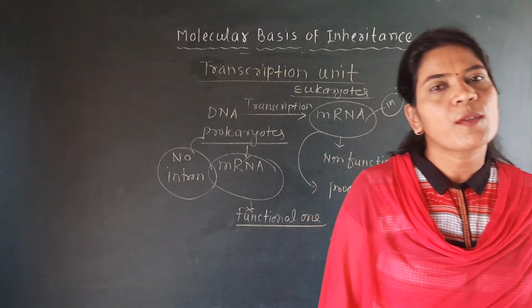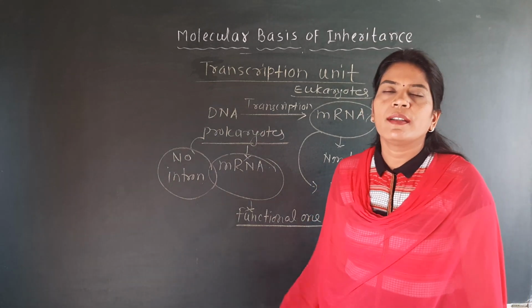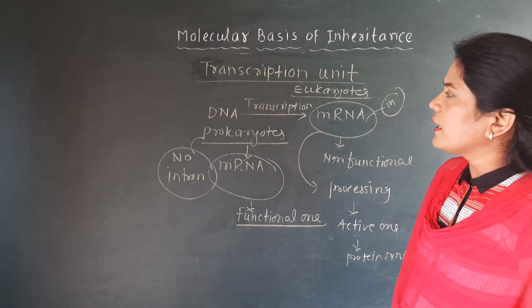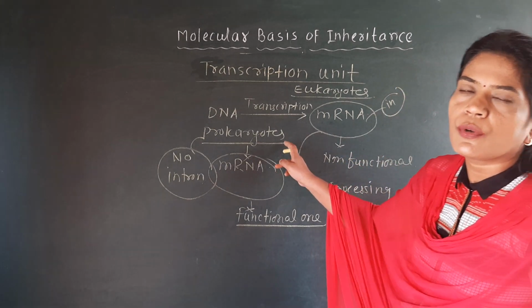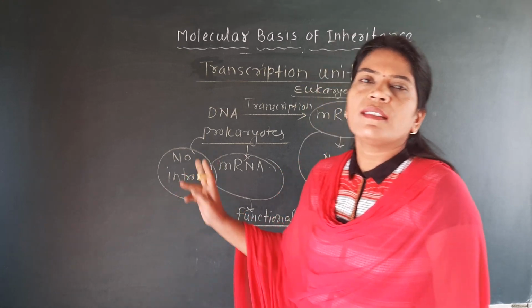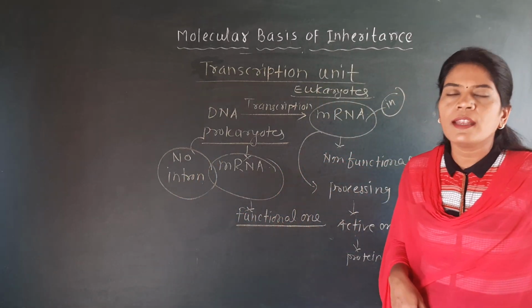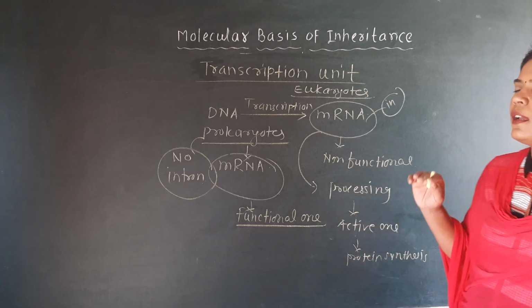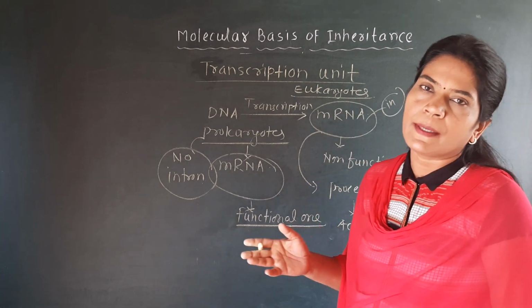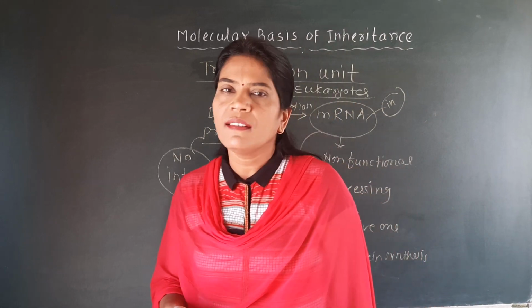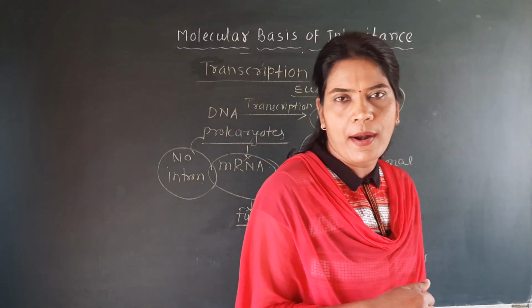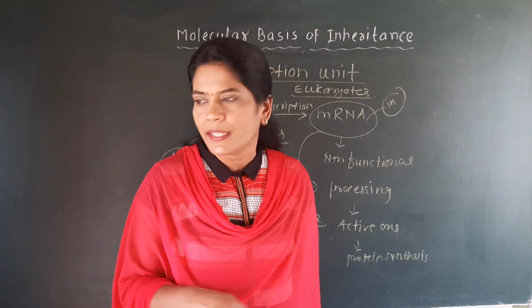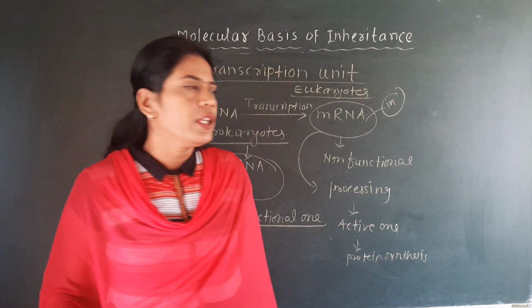But there are three types of RNA polymerase in eukaryotes, one type in prokaryotes. Next, we have seen that prokaryotes do not have an intron part, which is a non-essential part of the mRNA. So processing of mRNA is not required, but in eukaryotes there will be an intron part on the mRNA, so processing is essential.